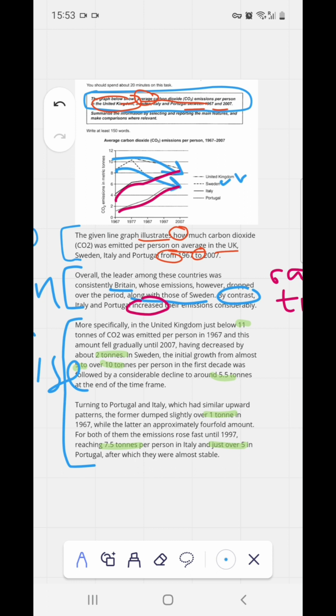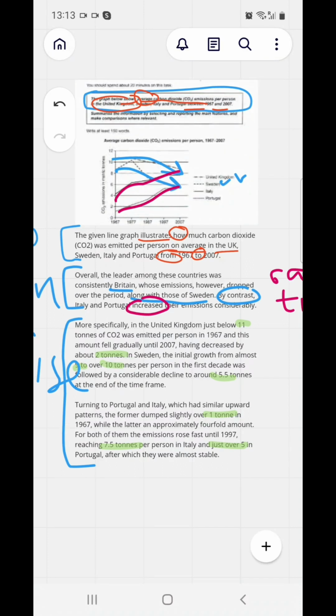So note that they are combined into paragraphs on the basis of their trends. So the first one is about those with downward trends, and the second, the last paragraph in this description is about the countries that had a rising trend.